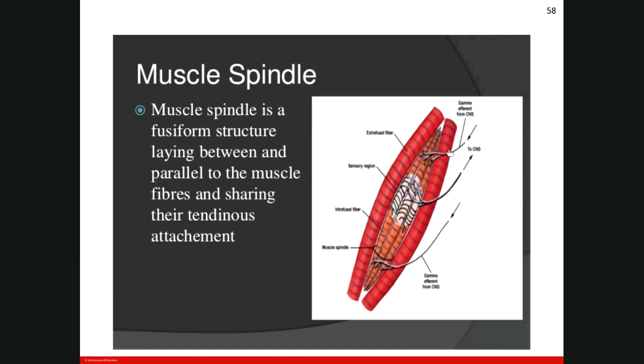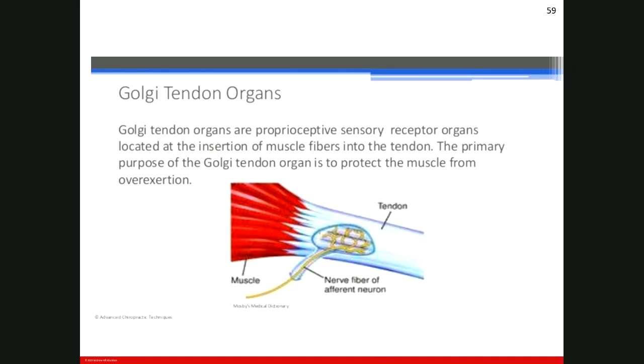They have neuromuscular junctions, and they can receive information about whether we have contraction, relaxation, or overstretching of our muscle. And the Golgi tendon organs are located at the junction of our muscle and the tendon. We call them Golgi tendon organs, and they can protect our muscle from overexertion.